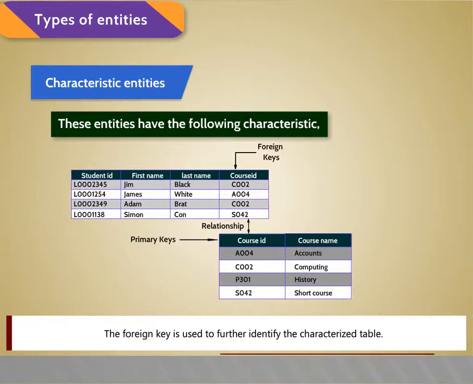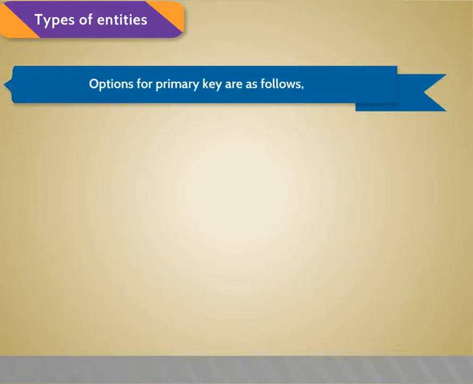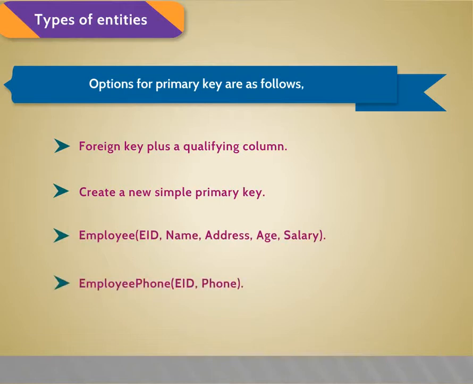The foreign key is used to further identify the characterized table. Options for primary key are as follows: foreign key plus a qualifying column, or create a new simple primary key. Employee: EID, name, address, age, salary. Employee phone: EID, phone.